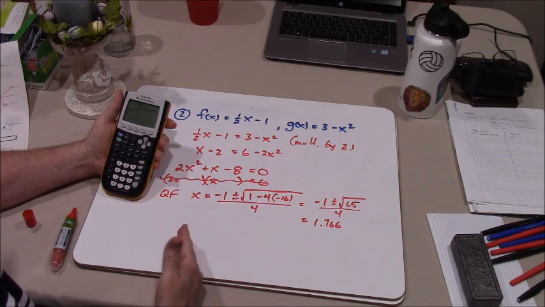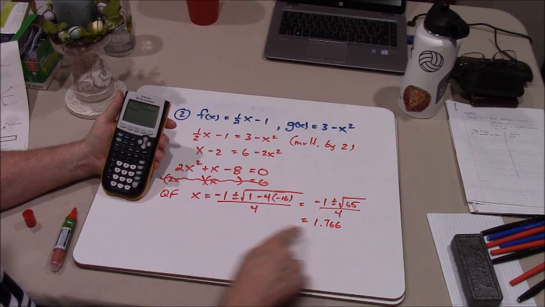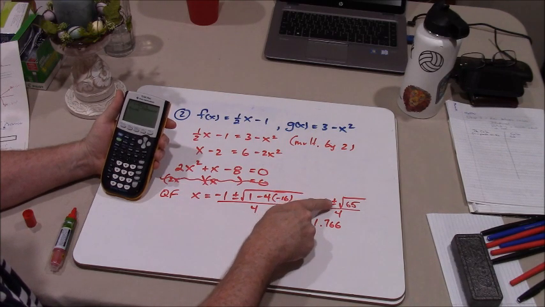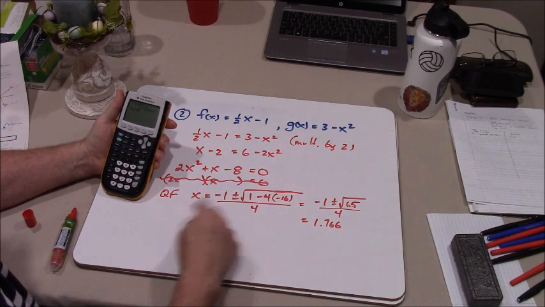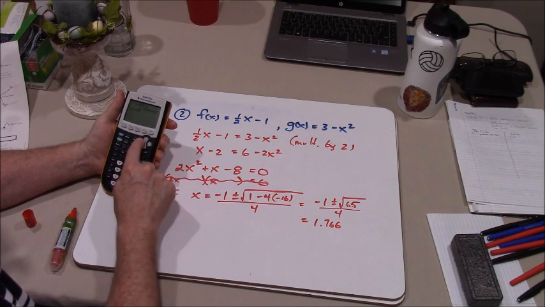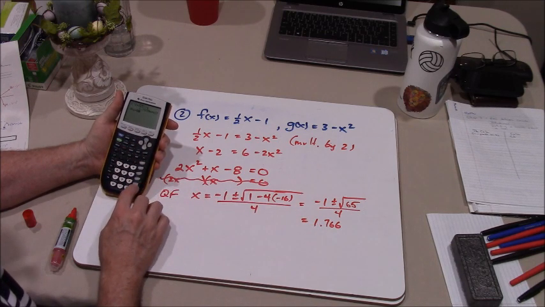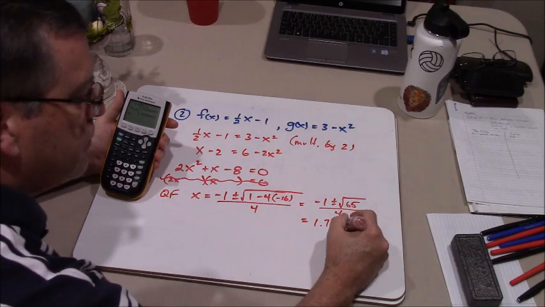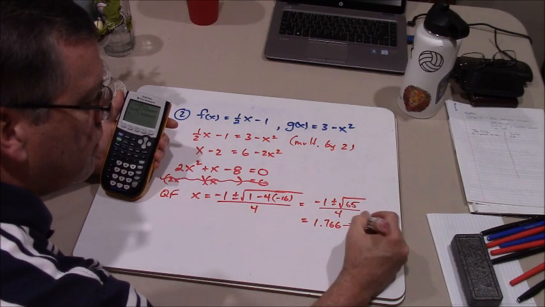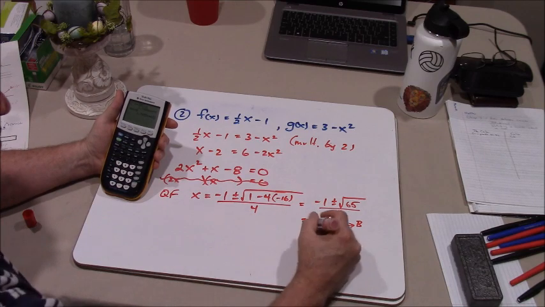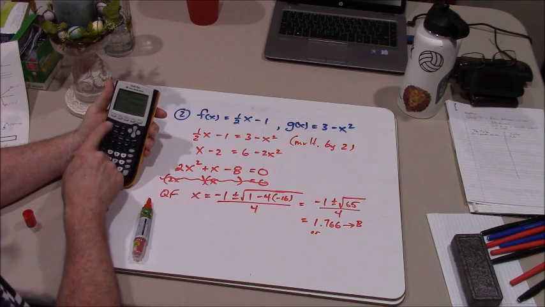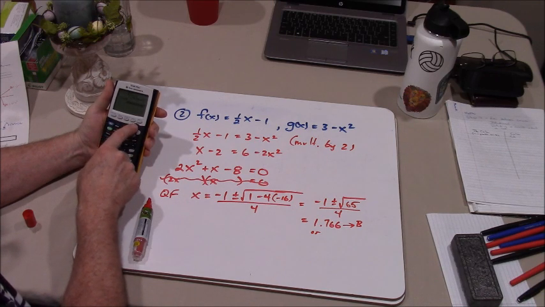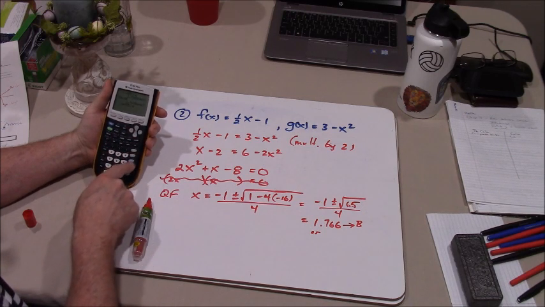I don't know if that's really the first number I'm going to get. Actually, when I do negative 1 minus the square root of 65, that should be my A value, because that'll be negative, this is positive. I'll call this B. So I'm going to store this in alpha B. Okay? Store in B. Or, my other answer is going to be, I just need to change this to a negative.